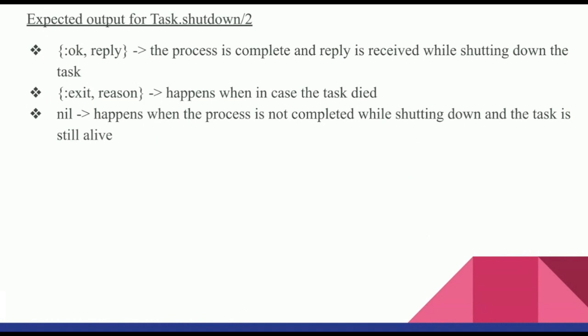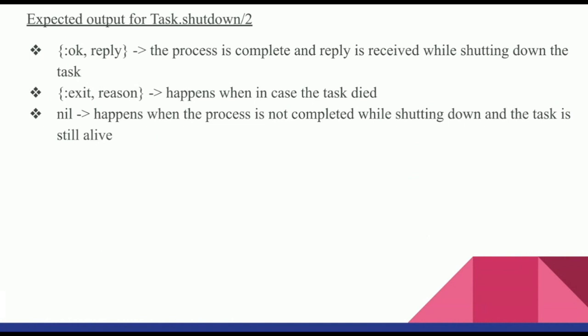So the way I can think about this: let's create a task. After creating a task, we can try to call await, which will shut the task down. So in that case, we can assume that the task has died in the process.